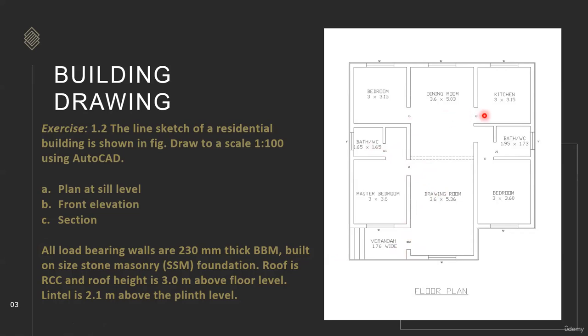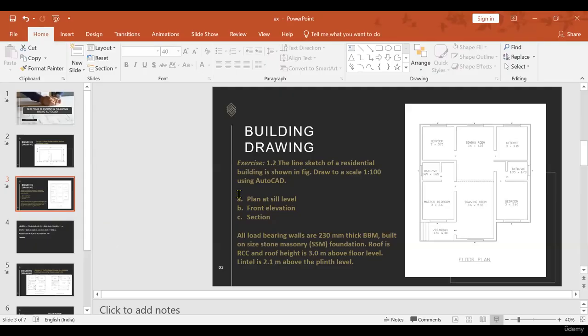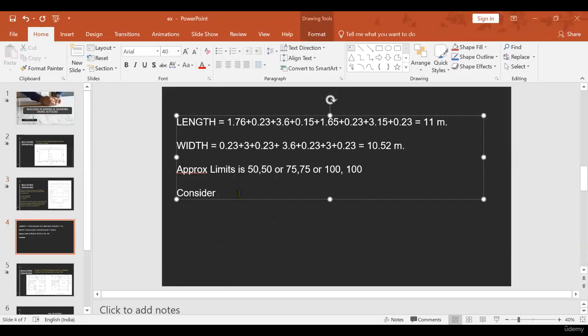Next, in the windows, all are the same W. So in this particular plan, the window size is the same everywhere. But there are 3 different types of doors, and 2 ventilators. So I just write there the standard sizes of the windows and the standard sizes of the doors. Okay, I just write here, considering opening sizes.